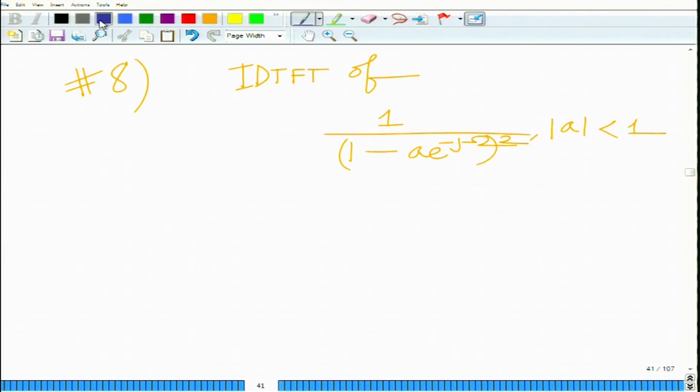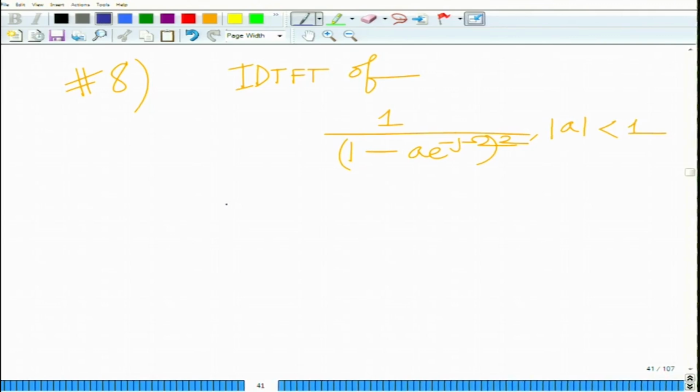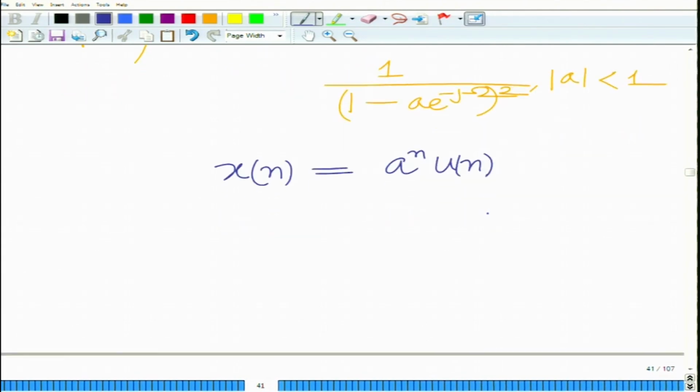Now, let us start by considering the signal x of n equals a raised to the power n u of n, where magnitude a is less than 1, and we will manipulate the DTFT of this signal to derive the inverse DTFT of the given DTFT. Because this is related to the DTFT of the exponential signal, or the decaying signal a raised to the n u of n.